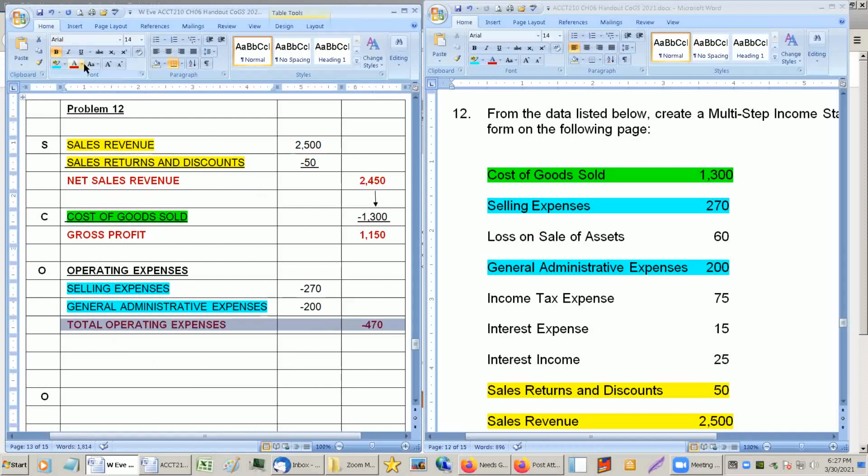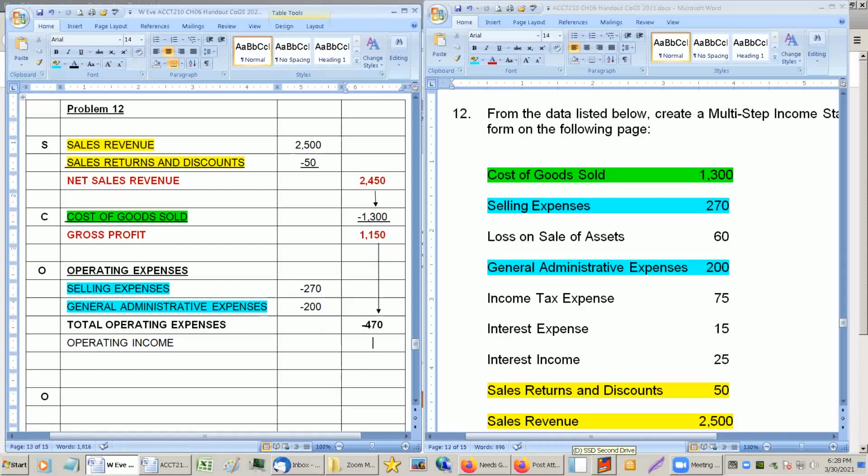Oops, wrong. This will get us our operating income. And so what we're going to do is take 1,150 minus the 470 gives us some number.